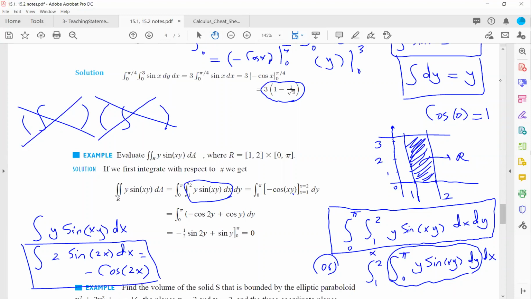Very well, let us plug in 2, then we plug in 1. When we plug in 2, we get negative cosine 2y minus minus cosine 1 times y, which is y. This integral is equal to the integral of negative cosine 2y.